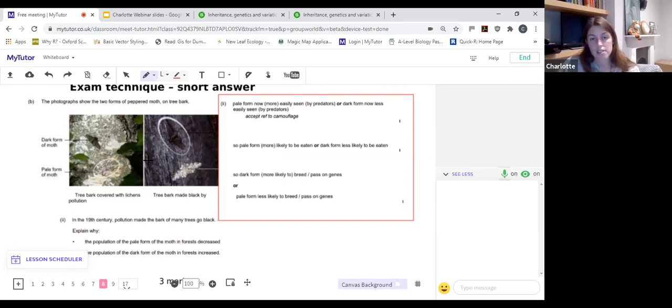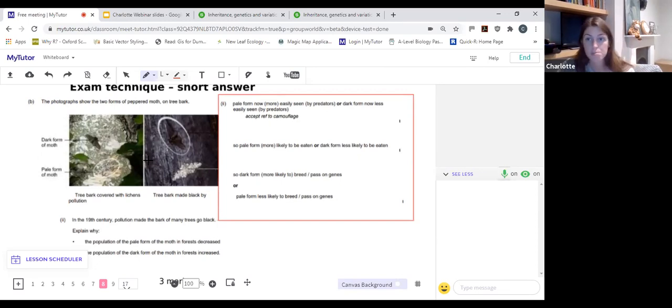So here is the answer outlined in red there. As quite a lot of you have said, there's some really good answers coming through in the chat. Well done, all of you. Really good ideas, and most of you are right on the money there. So the pale form is now more easily seen by predators, or you could say that the dark form is now less easily seen by predators.